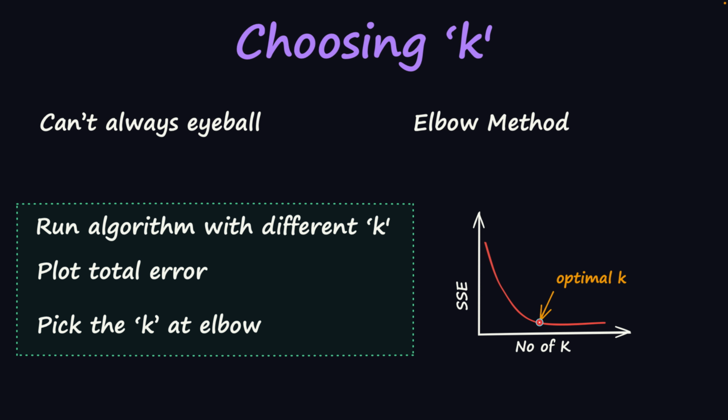So we need to find a point where the error has come down, but at the same time, increasing k is not going to reduce the error even more. That point is called the elbow point, which is this, and this is where we have the optimal number of k. So if k is 3 here, then that is what we need to use. We use the model trained with k equal to 3 as our final model.